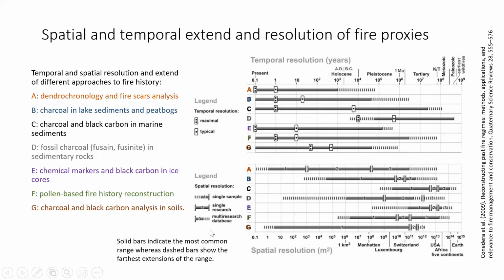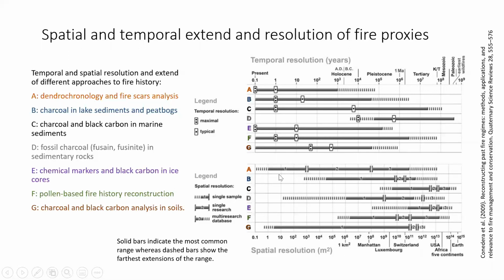Also, it depends if there's only a single sample, and for example with fire scars, with a single sample, we can get quite reliable information that fire has been present.